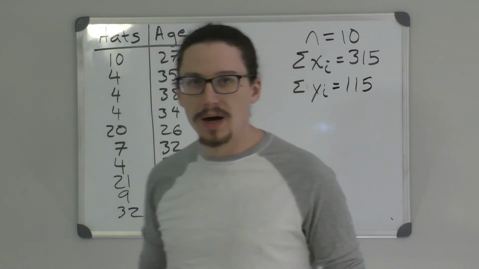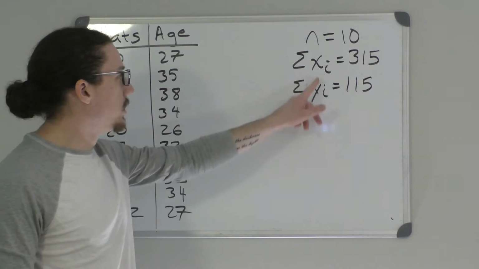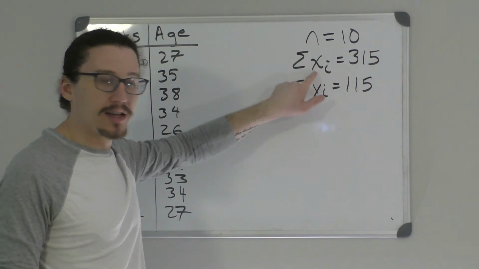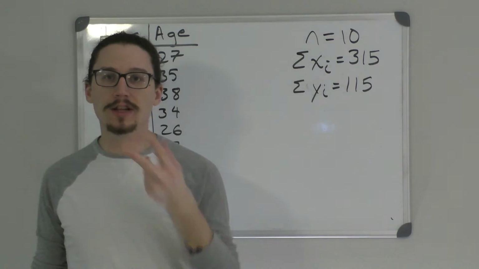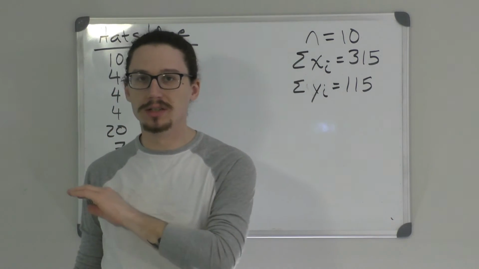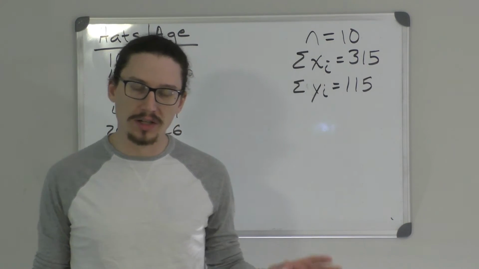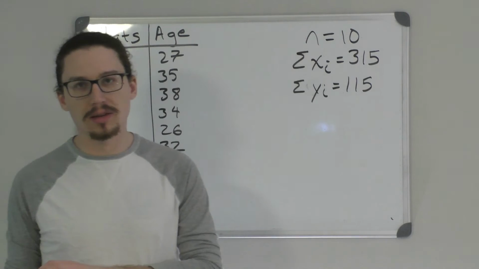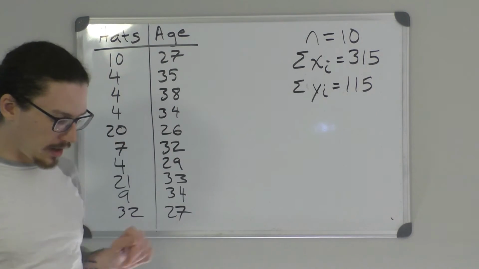And the sum of yi is going to be equal to 115. Right, and just as a reminder, x is age and y is hats. If you flip those, your regression equation is going to be completely messed up. You're going to get a totally different answer. So we want to make sure that we've got the right things for x and for y. All right, but there we have those.